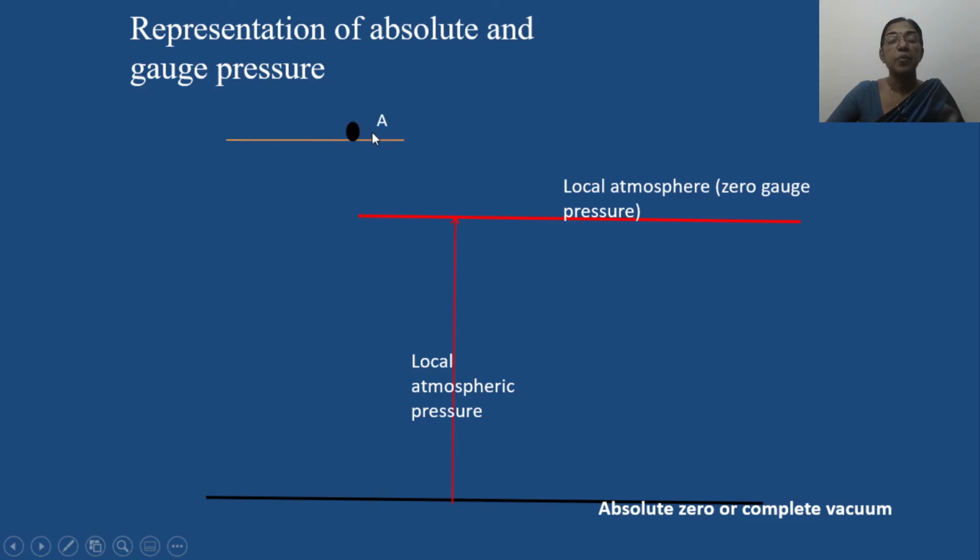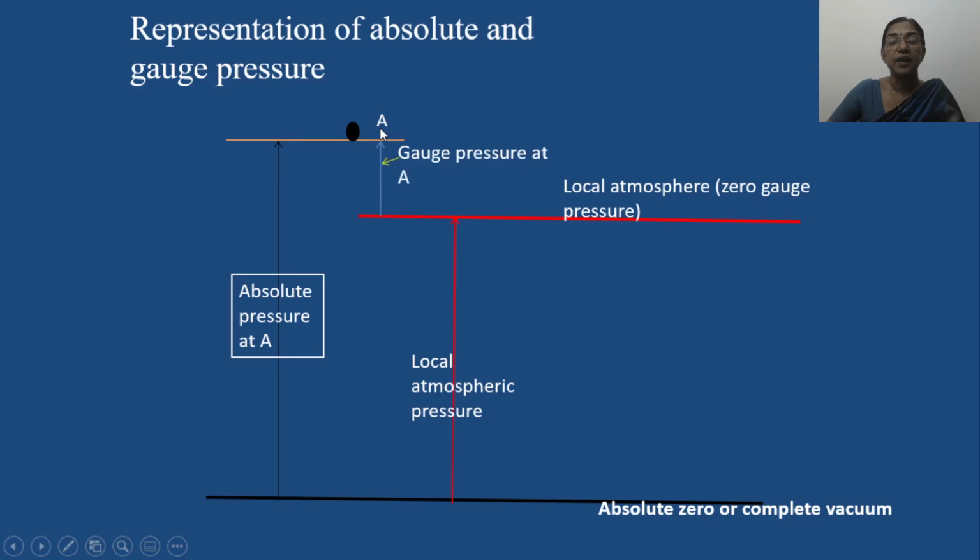Let us consider a point A. The absolute pressure at point A is the one measured by considering this level as the datum, whereas gauge pressure at point A is measured where we are referring to this value as the datum.